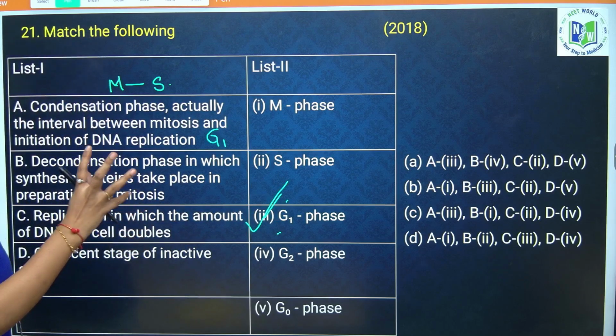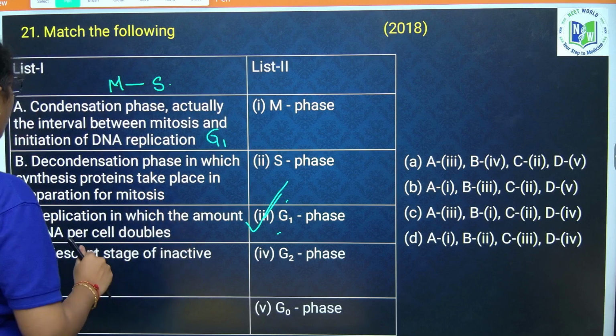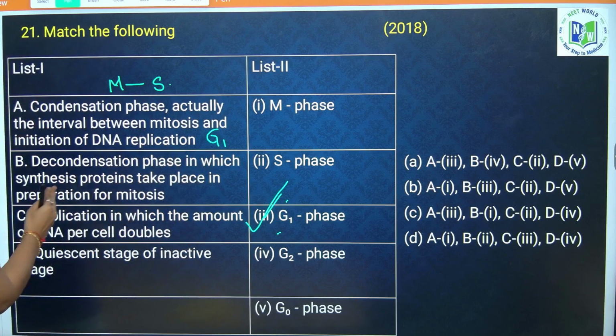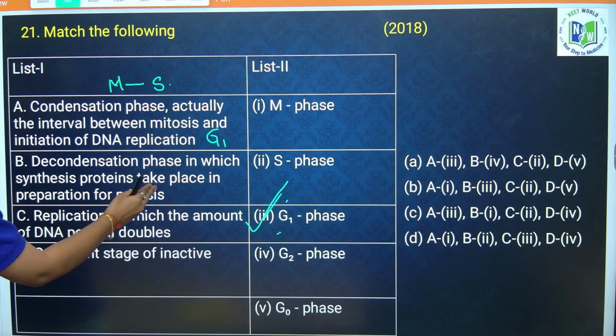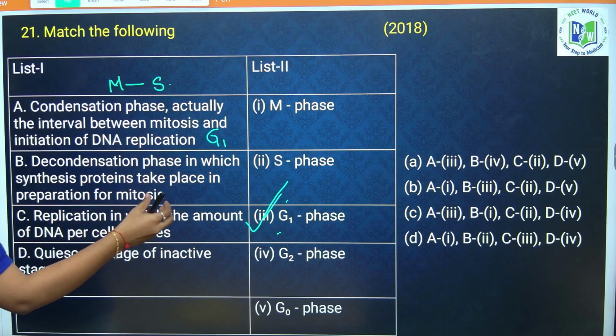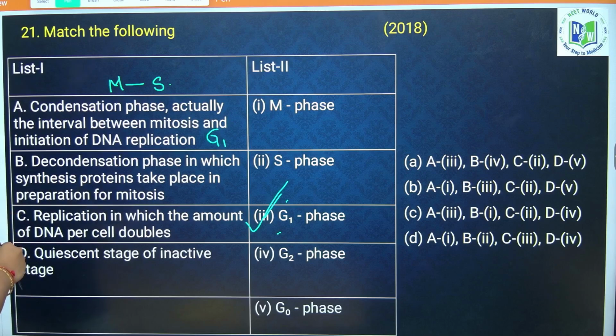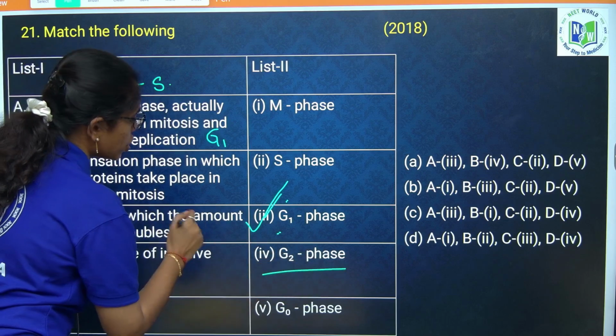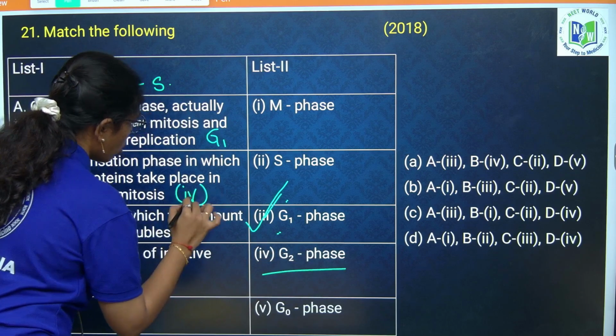In M phase, condensation always, our option is prophase. Then, protein synthesis taking place preparing for mitosis. After DNA duplication, proteins required for mitosis are synthesized in G2 phase, so our option is 4.